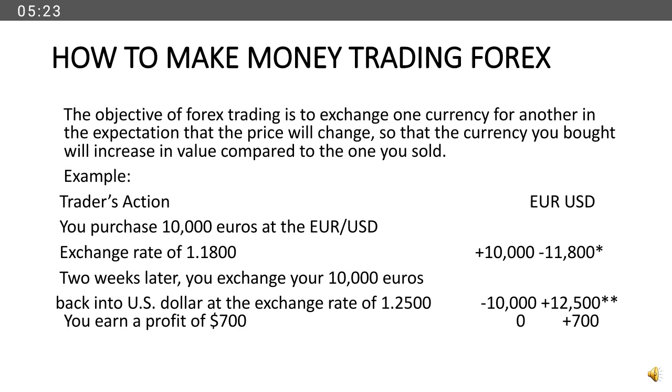You expect the US dollar to get strong while the euro gets weak. So in that case, you are expecting the exchange rate to go down. After it has gone down, you now buy it back and make profit. That is how to make money in forex.